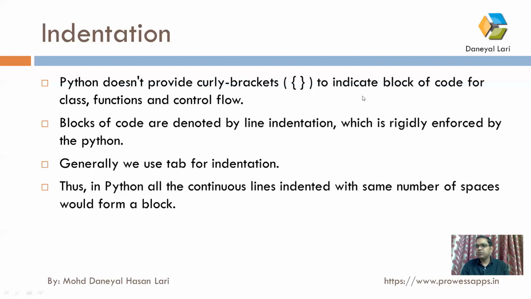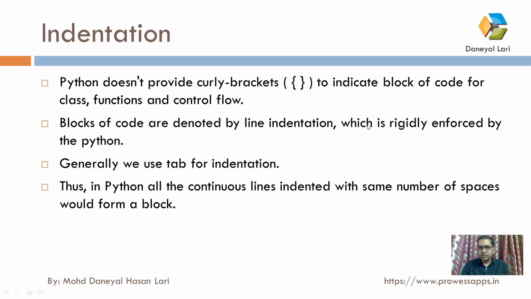Understand this: we will not use any curly brackets for making blocks. A block could be of conditional statements, loops, classes, or functions. Blocks of code are denoted by line indentation in Python, which is rigidly enforced by Python. Means if you don't follow this indentation, you will get an error.